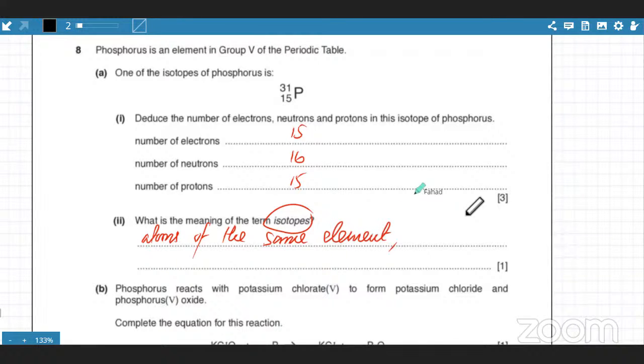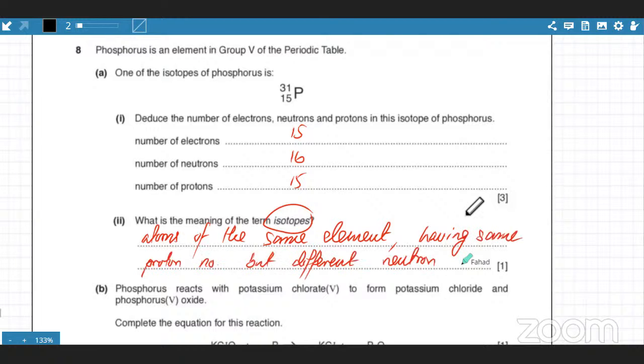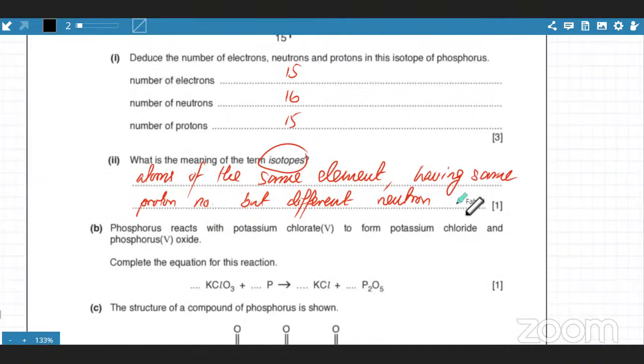Atoms of the same element having the same proton numbers, but different neutron numbers. So that is what's meant by the term isotope. So here's your definition in front of you.